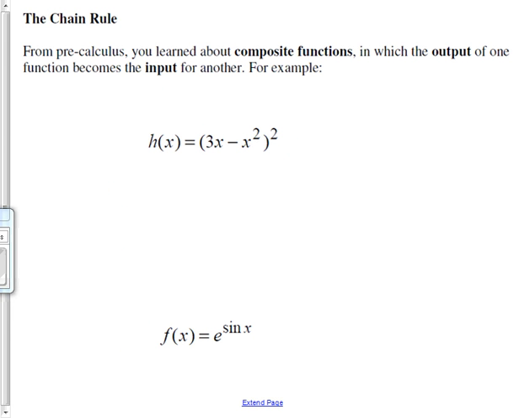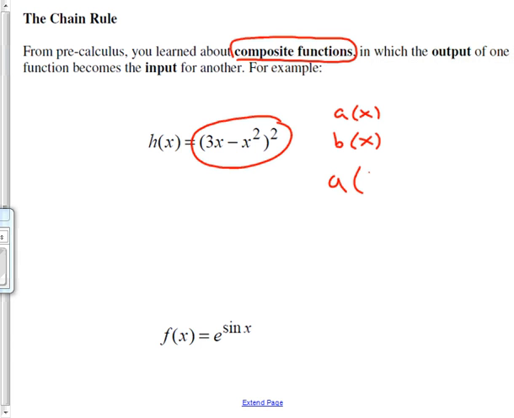Okay, so before we start talking about what the chain rule is, we need to remember composite functions. You spent some time in the summer work thinking about composite functions. So if we wanted to think about this as an inner function and an outer function, say a of x and b of x, where this is really a of b of x, what would be our inner function? Well, our inner function is the innermost function, 3x minus x squared.